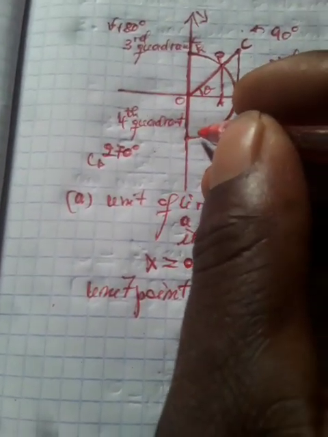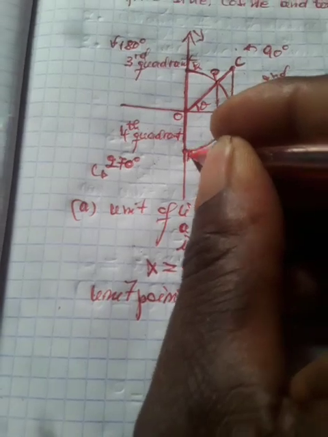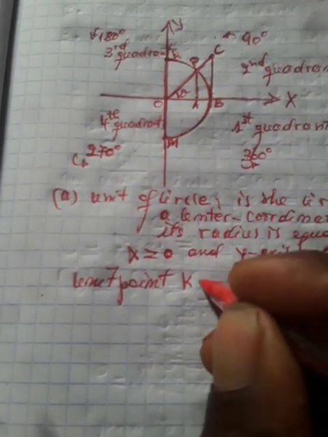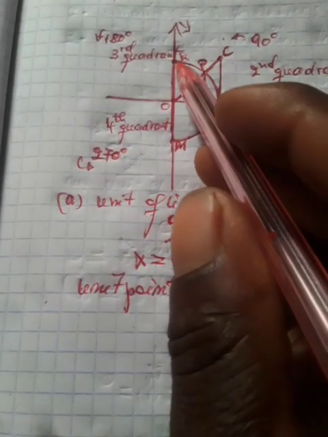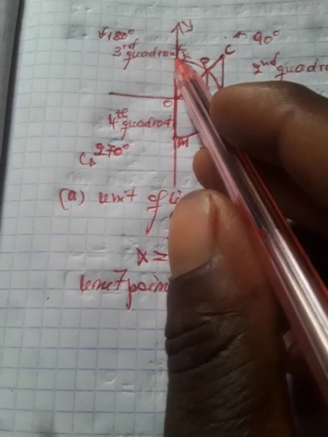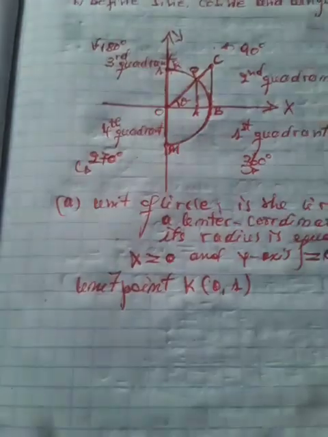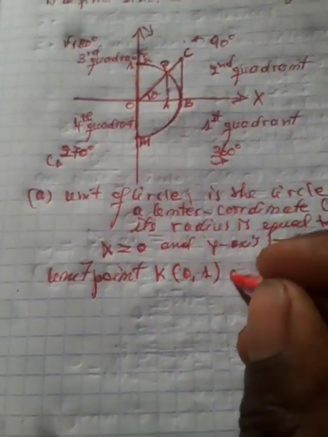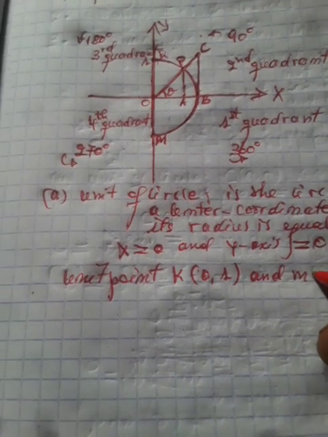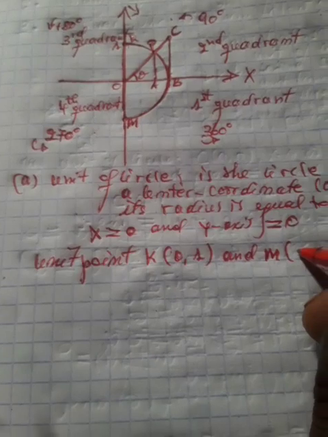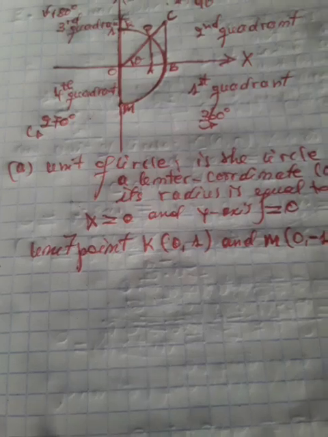Here we have point K and here we have point M. Point K has x equal to 0 and y equal to positive 1. Point M has x equal to 0 and y equal to negative 1.